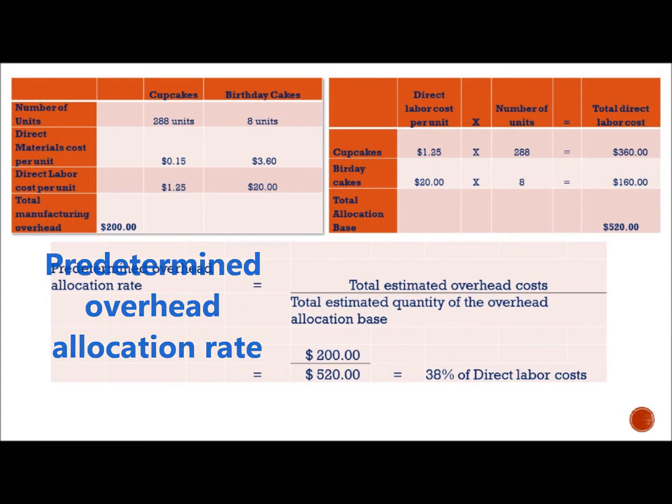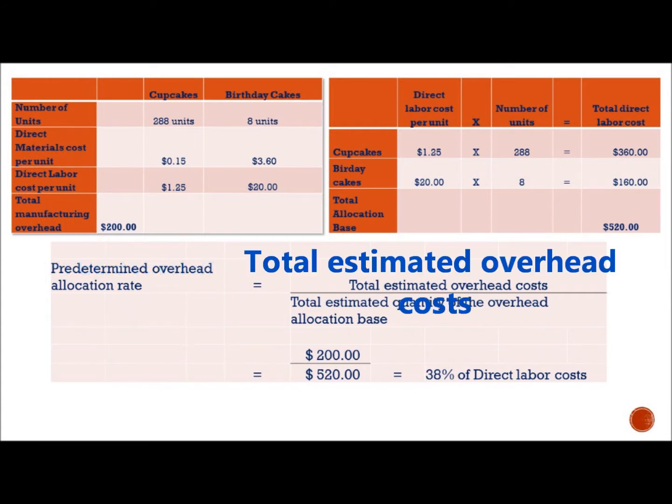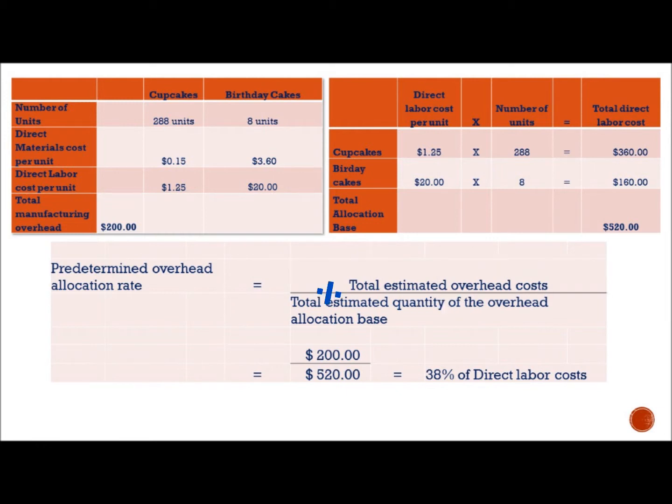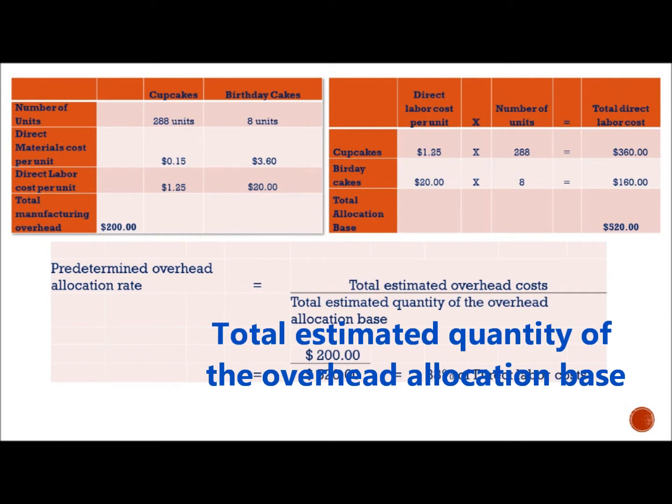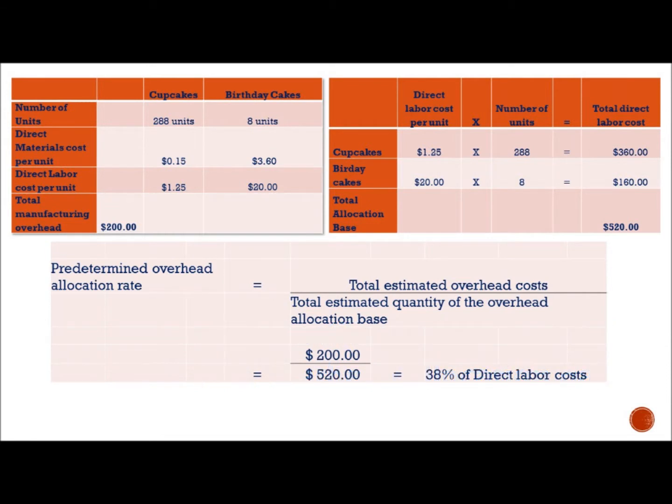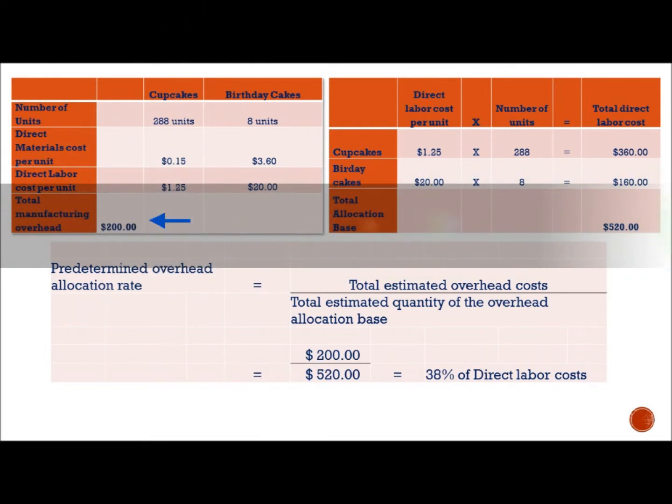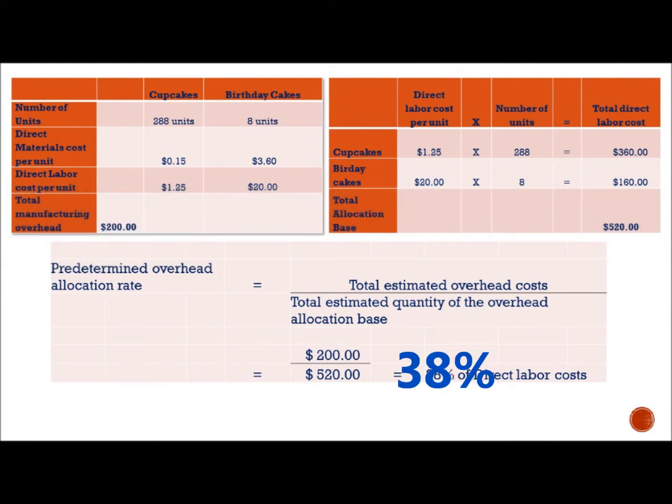Predetermined overhead allocation rate equals total estimated overhead costs divided by total estimated quantity of the overhead allocation base. Substituting the amounts, we have $200 divided by $520, which was our total allocation base, equals 38% of direct labor costs.